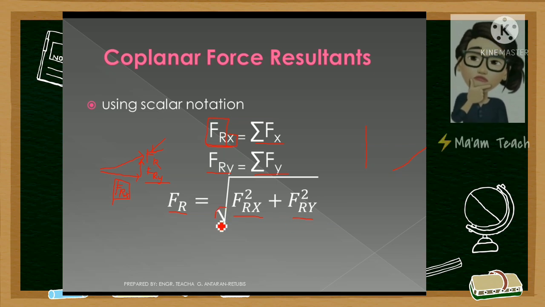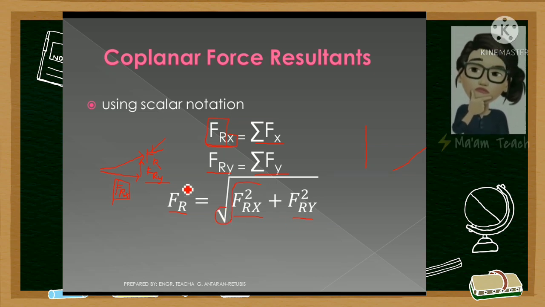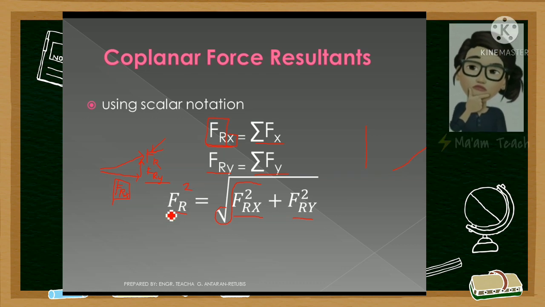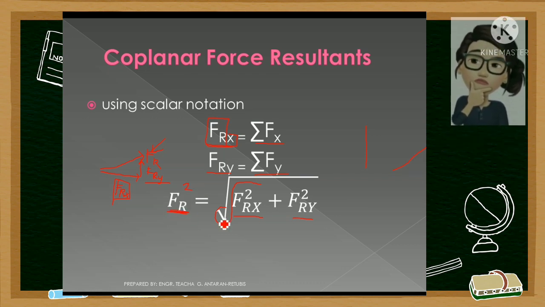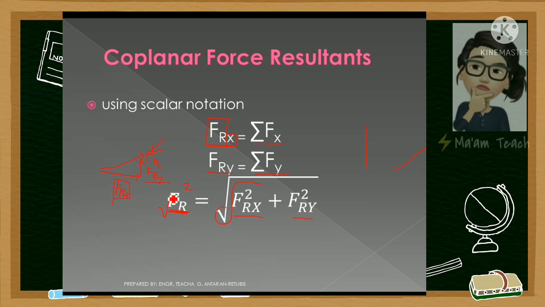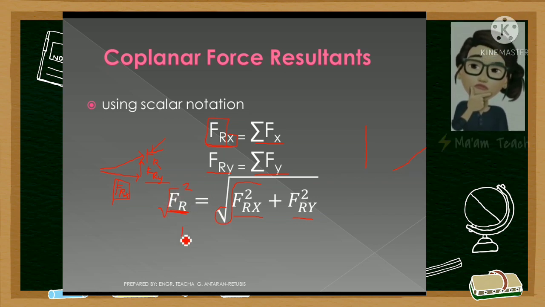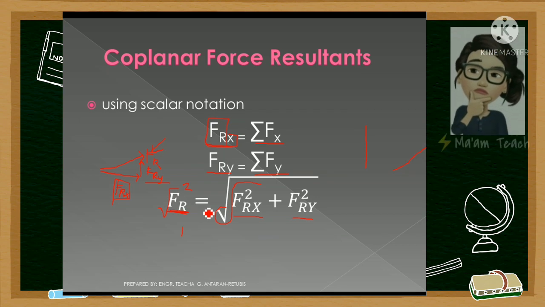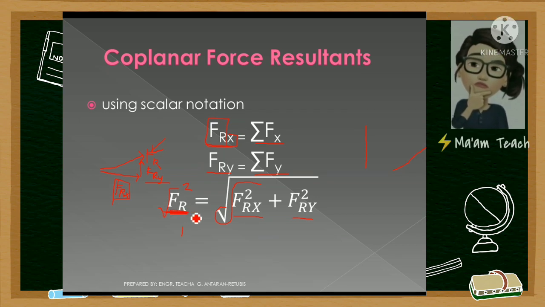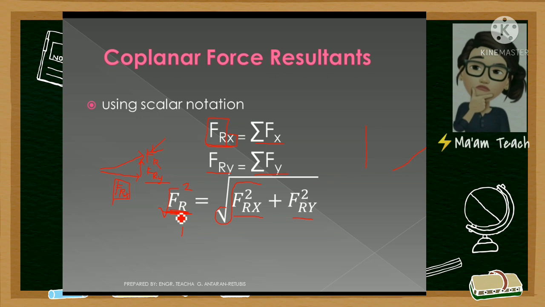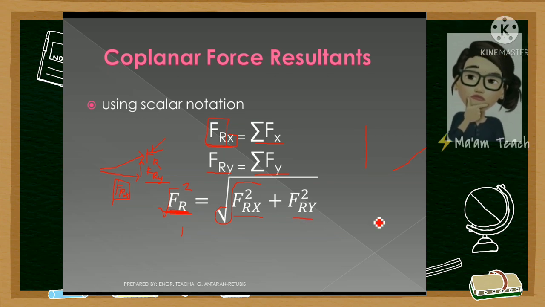Now, why did we get the radical of it? It's because this is squared. So in order for us to get only the F sub r, we have to get the square root of both sides. That's why square root of fr squared, we have fr here. Okay? So again, this is only the magnitude. Now, how about for the direction of your resultant force?